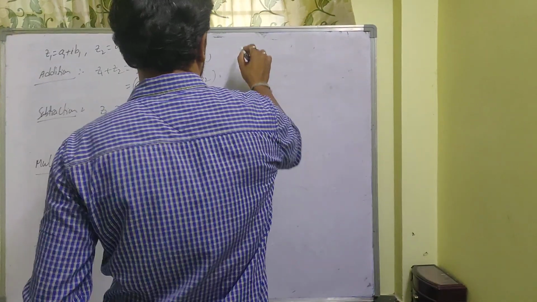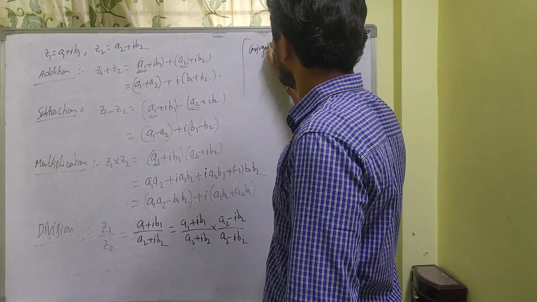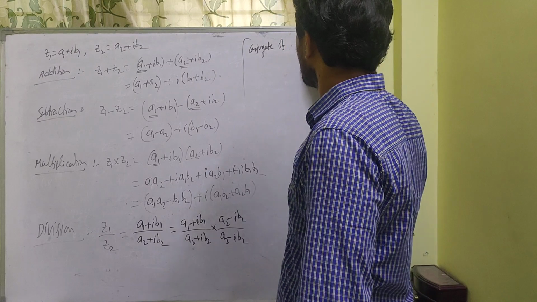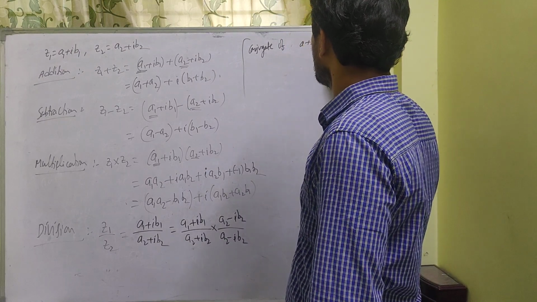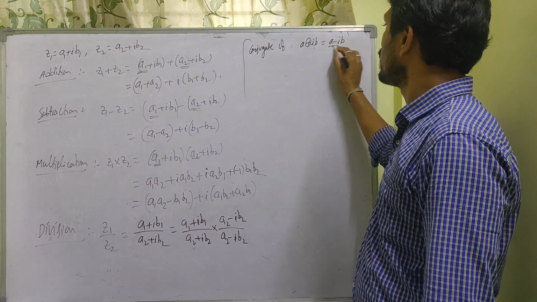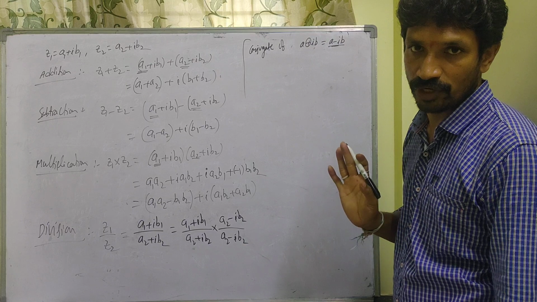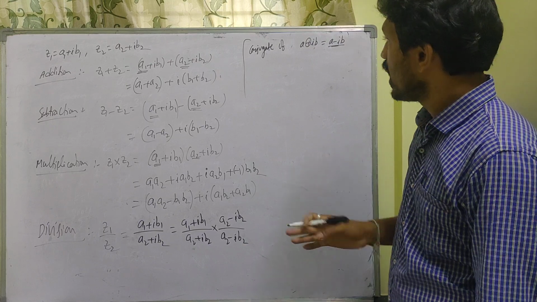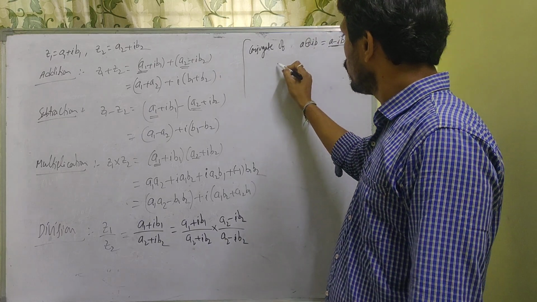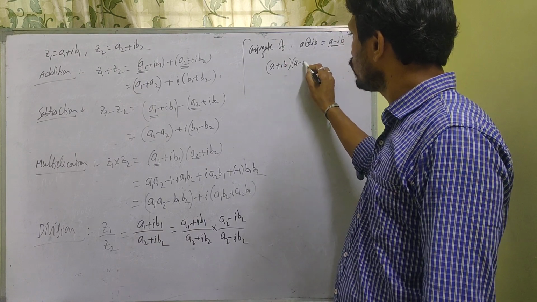Just remember, the conjugate of a plus ib is nothing but a minus ib. You just change the sign of its imaginary part. Very, very important. Whenever you multiply with its conjugate, observe what you get.